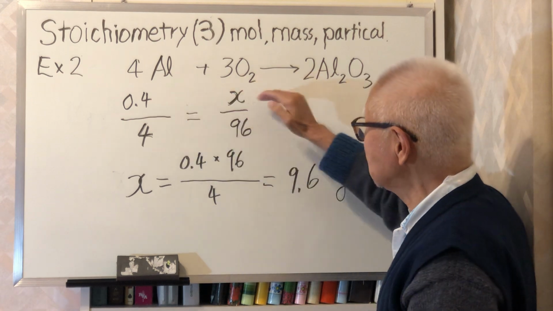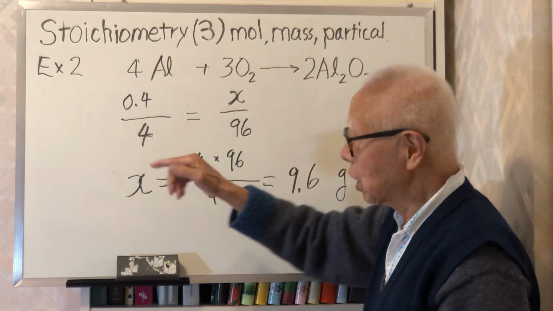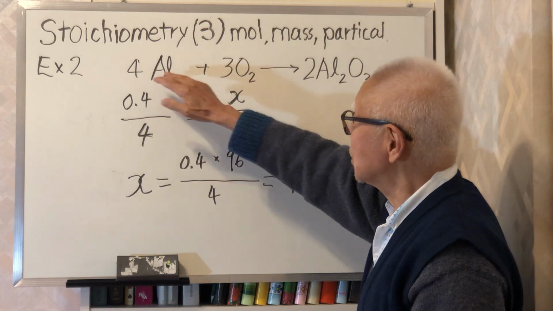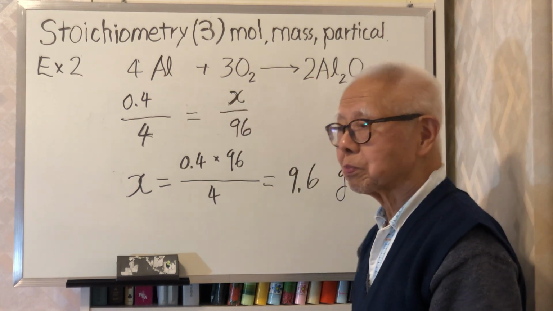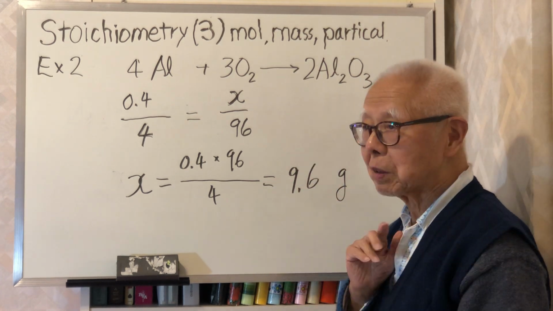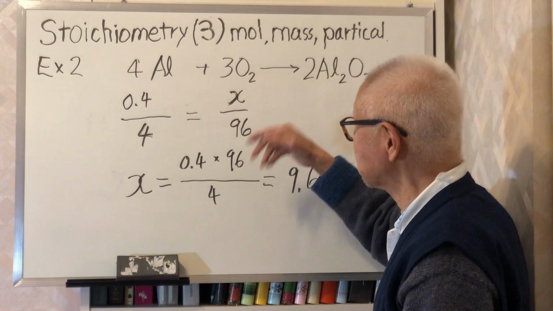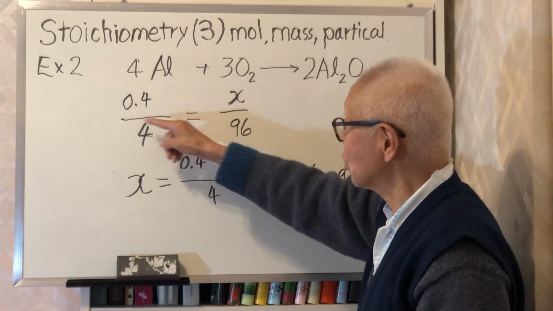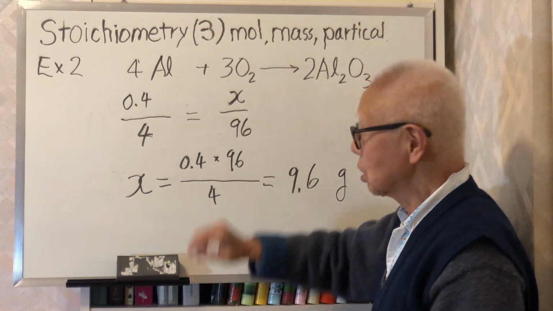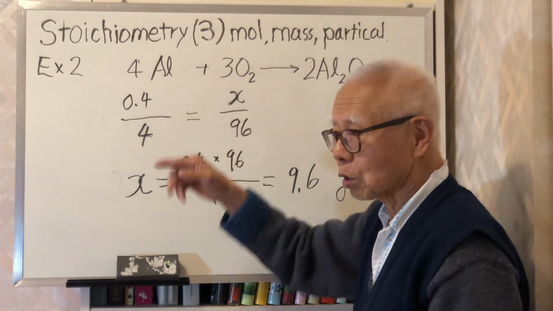So line 1 is what is given and what you want to find. The next line is from the reaction equation. You do this systematically, and it's very easy. Once you have the numbers there and the unknown here, do the ratio, let them equal each other, and find the unknown using cross multiply.